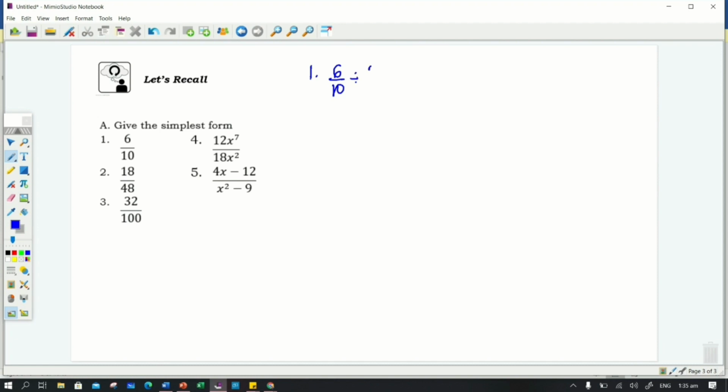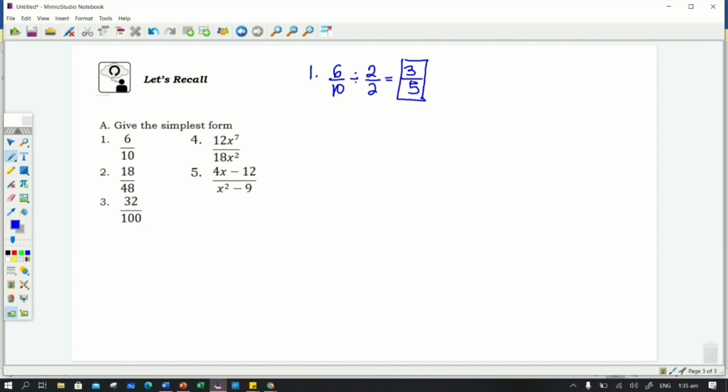So we divide both sides by 2, the numerator and the denominator. 6 divided by 2, that is 3, all over 10 divided by 2, the answer is 5. So therefore, the lowest term of 6 over 10 is 3 over 5.